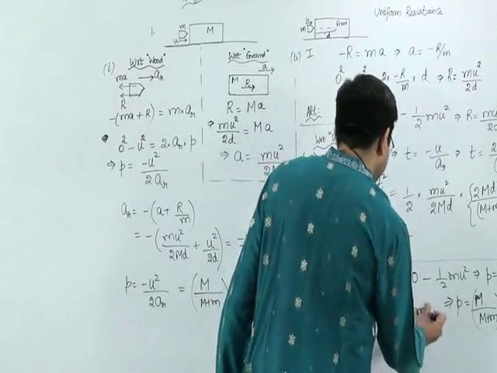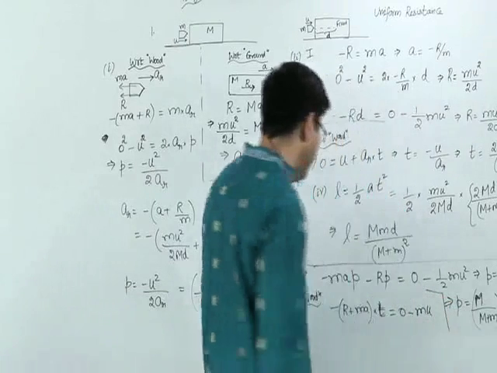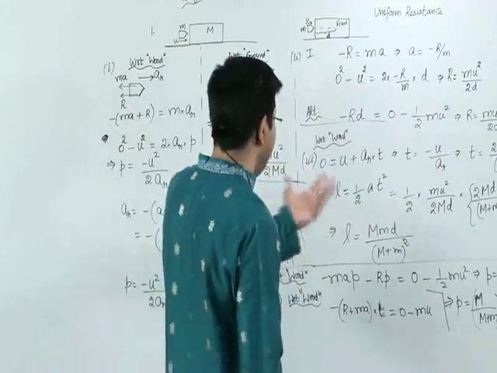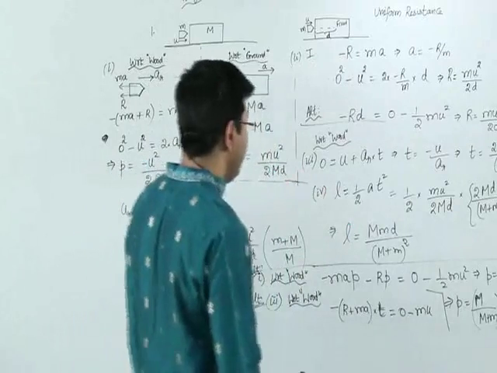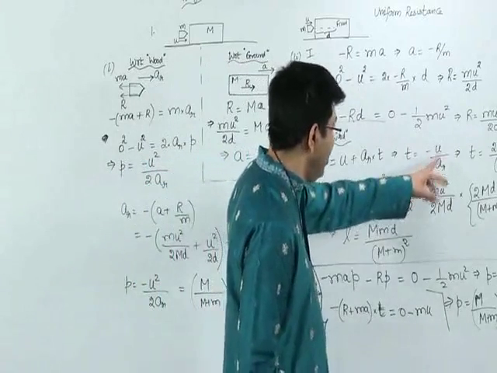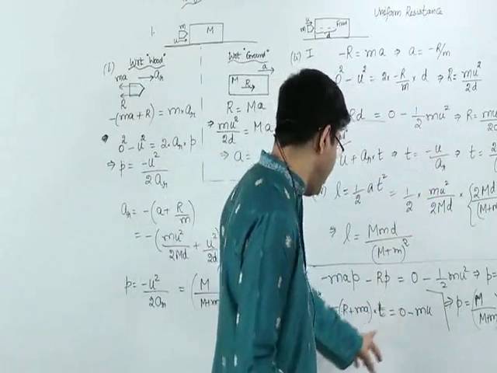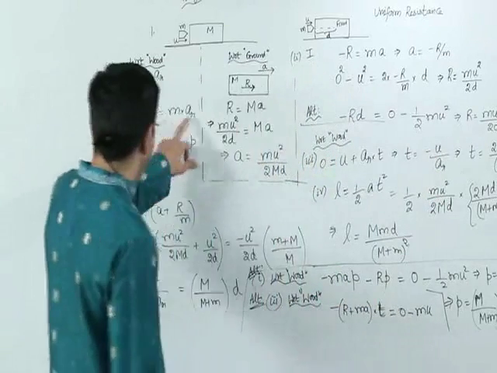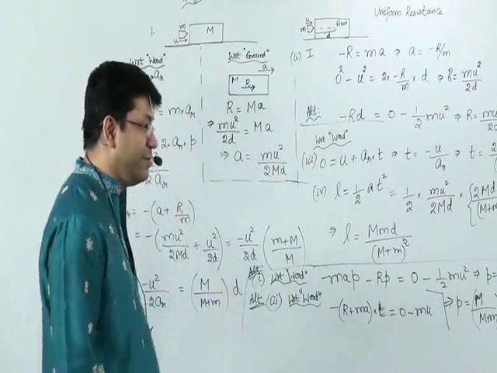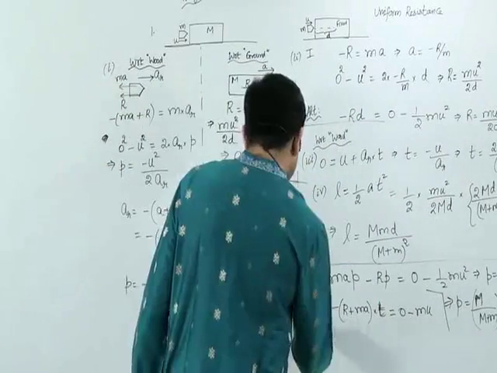Initial linear momentum. Find the time now. You will get the same result. You can check. It is minus U by AR. AR anyway, this quantity is same.